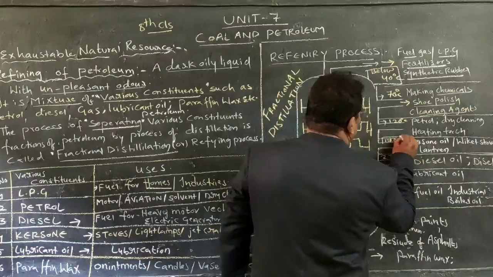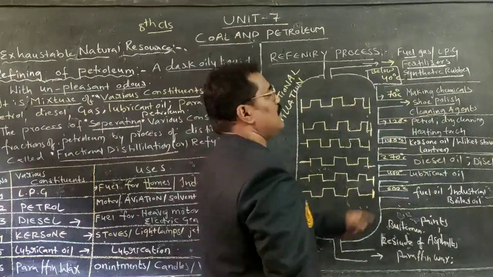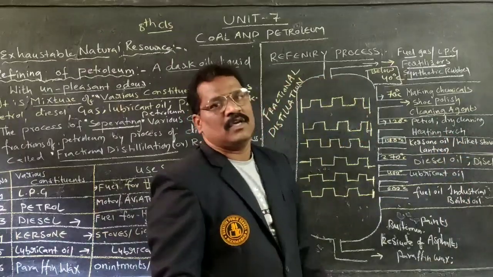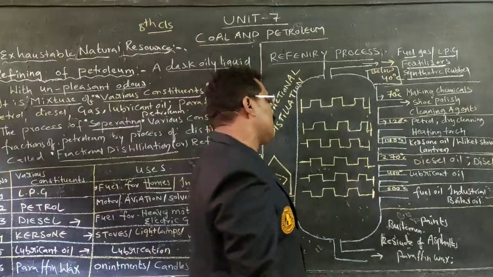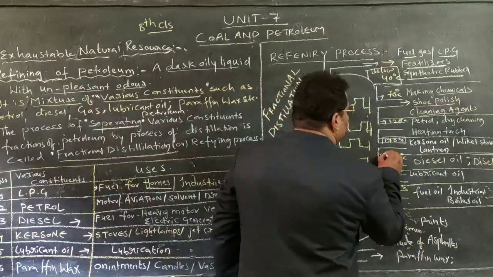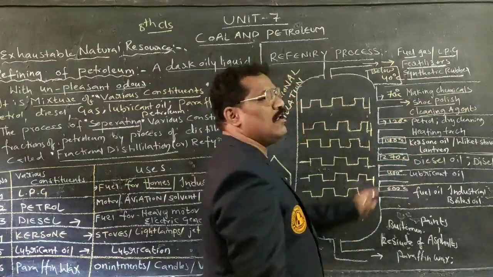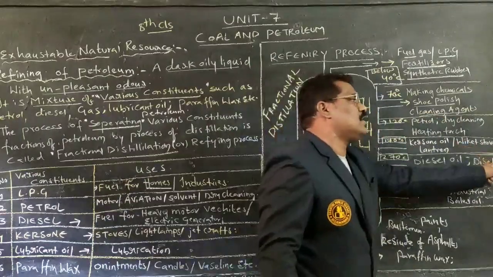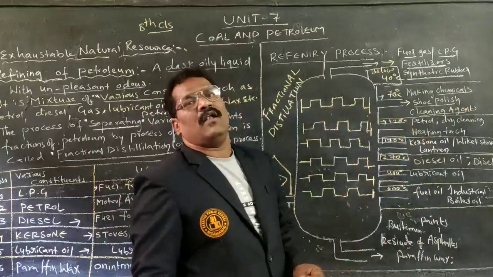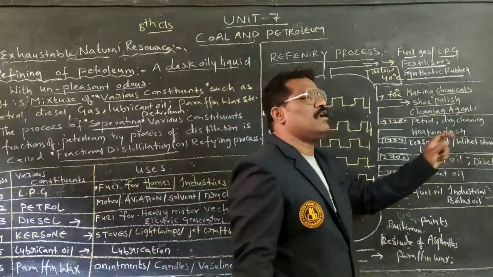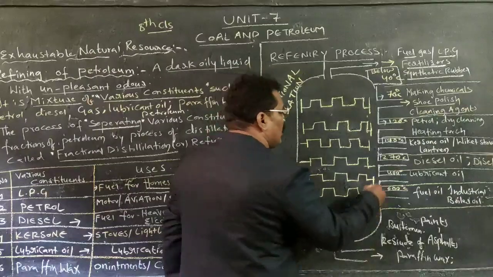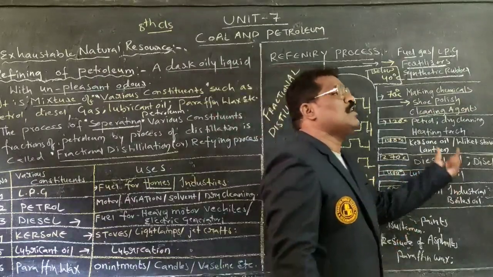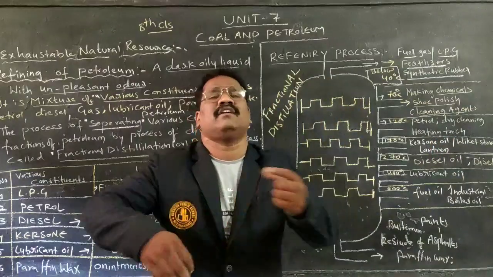At a temperature of 170 degrees centigrade, kerosene oil, stove oil, as well as lantern oil can be produced, which can be used for various purposes. At 270 degrees centigrade, diesel oil can be segregated to run heavy motors, tractors, heavy load lorries, and industries. At 400 degrees centigrade, lubricant oil is produced to run all engines smoothly.